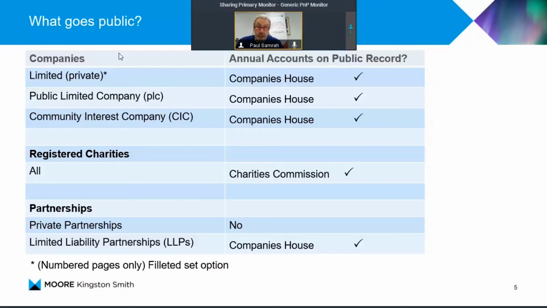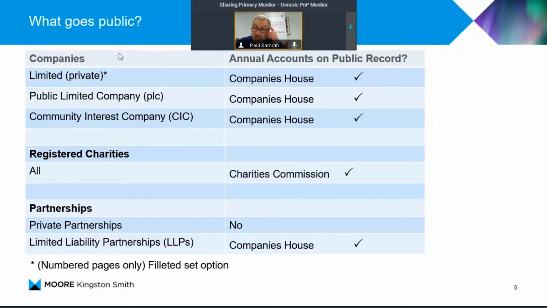They can go online, there's no charge, put in the company name, and they will see the latest set of accounts, historical sets of accounts, details of the directors, of the shareholders, and any other relevant information that is put in the public domain, such as charges that might be levied against particular entities, maybe mortgage or loan charges put in place. They are registered at Companies House.